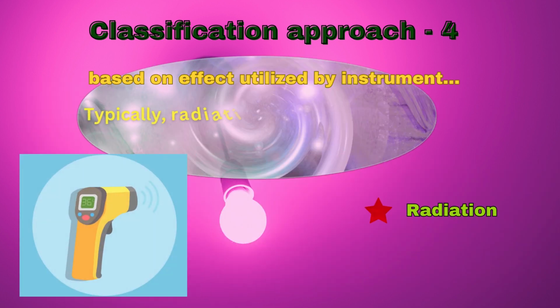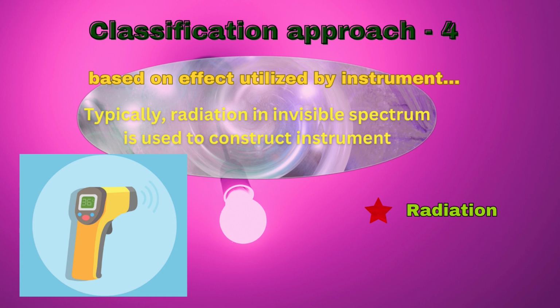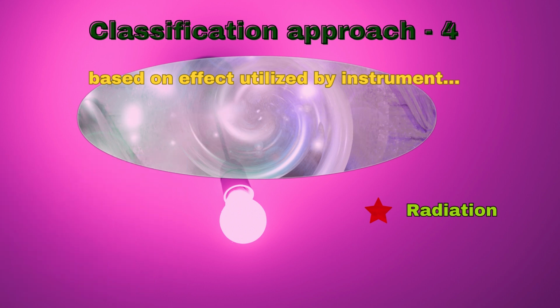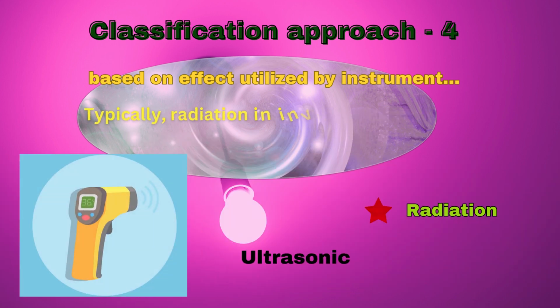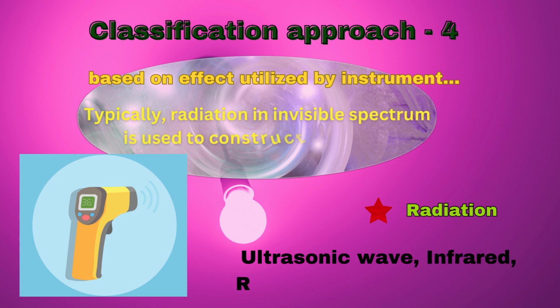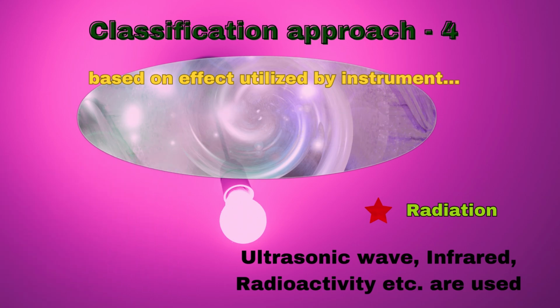The effect of radiation prevailing in an invisible spectrum is used as the operating principle of another type of instruments. Ultrasonic wave, infrared, radioactivity, etc. decide the working of such instruments.